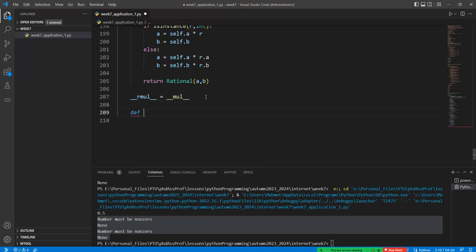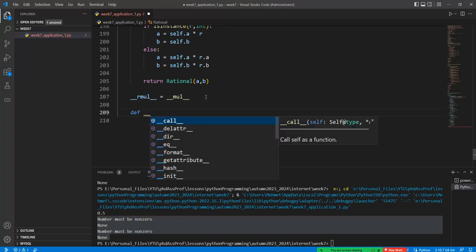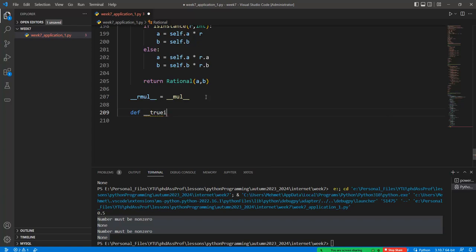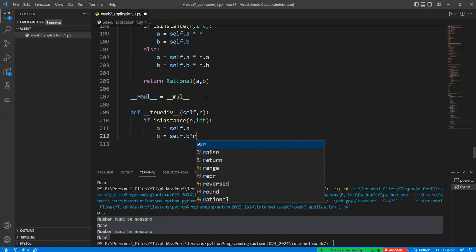And after that we can create the div function here like this one, with the self and r parameters, if isinstance r is the integer type, then a is self a and b is self b times r.